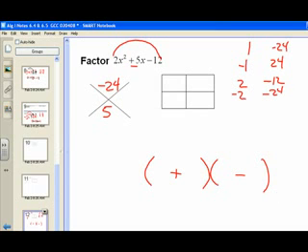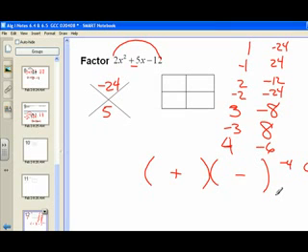Negative 2, positive 12. 3, negative 8. Negative 3, 8. 4 and negative 6, and negative 4 and positive 6.